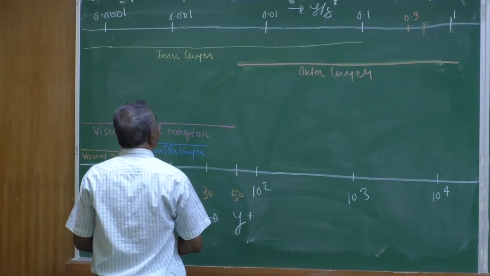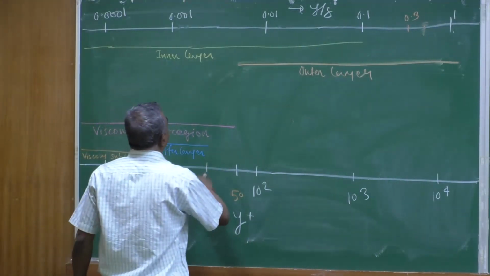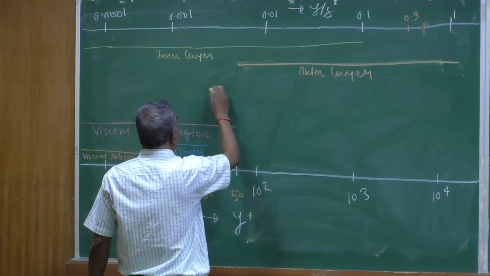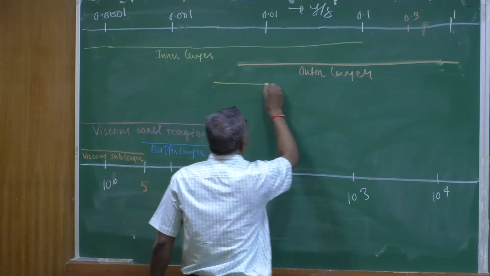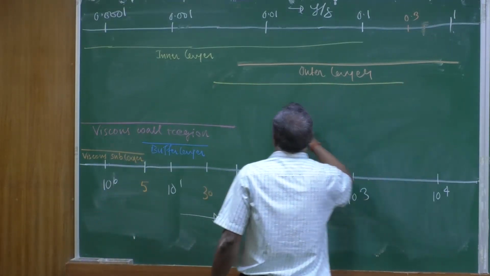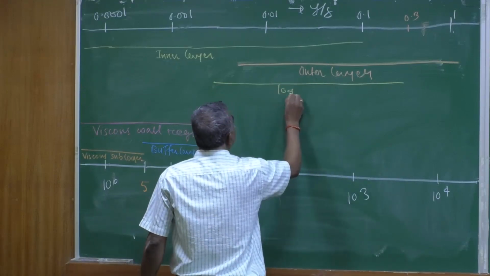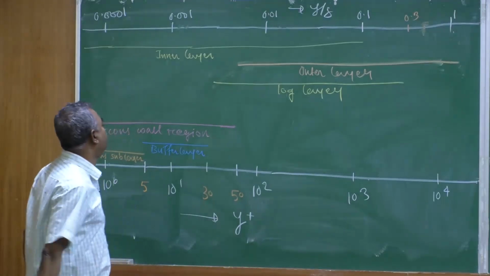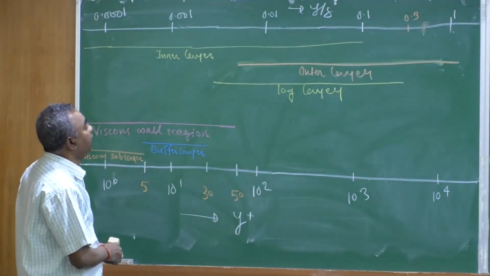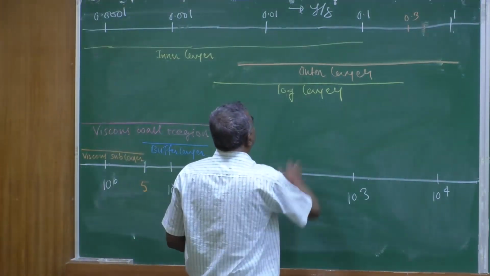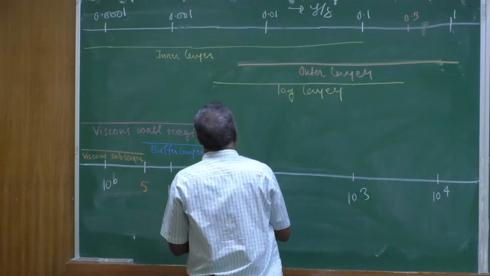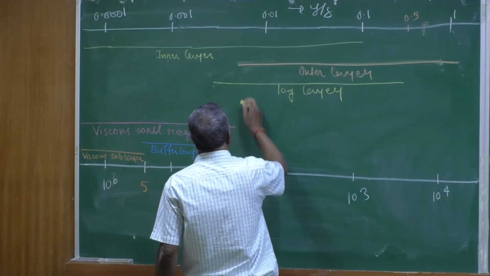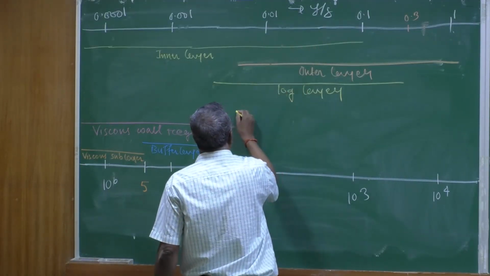So, that means your log law, which is valid from y plus 30 to this, this is your log layer. And we have an overlap between the outer layer and the inner layer. So, we have an overlap layer.